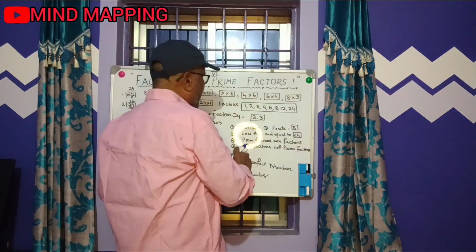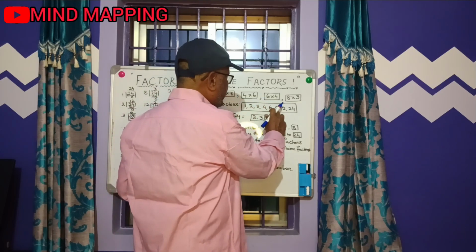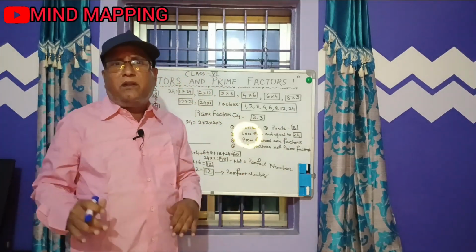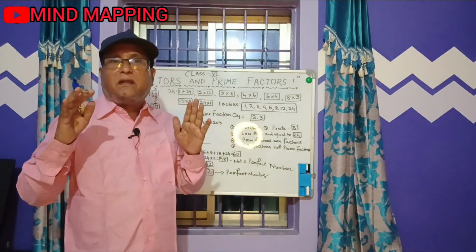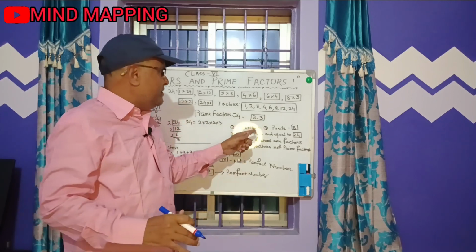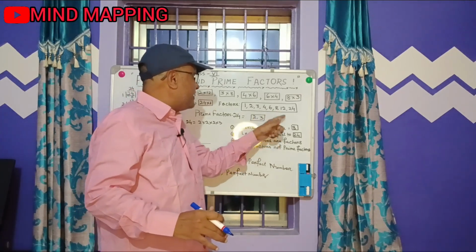Let us count. How many factors? 1, 2, 3, 4, 5, 6, 7, 8. For a number, the factors are finite, meaning definite, countable. Here for 24, the number of factors is 8.